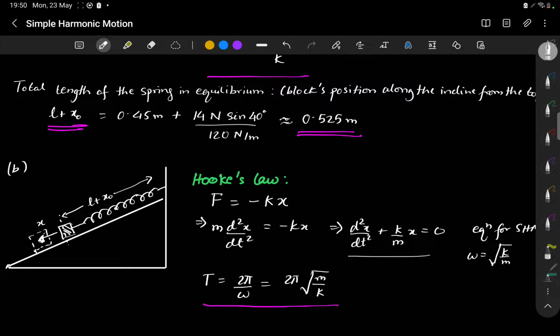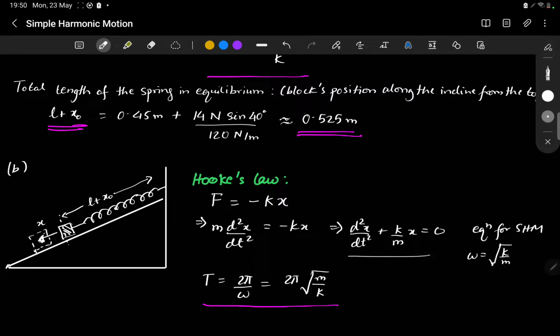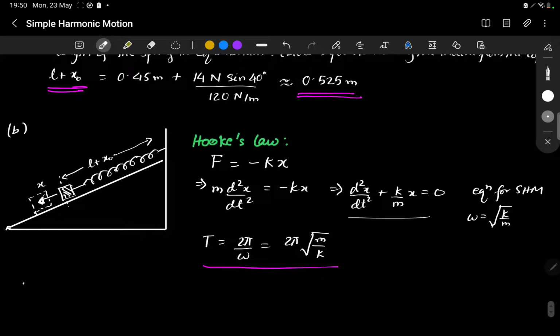and if we plug in the values of m and k, we will find out the value of the time period. T is 2 pi square root, m is nothing but 14 newtons, the weight, divided by g, where g is 9.8 meters per second squared, divided by k, which is 120 Newton per meter.